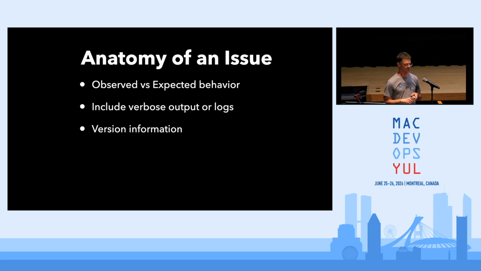Include version information. That's both the version of the tool you're using and the version of the OS it's running on. And similar to observed versus expected behavior, include steps to reproduce. So what exactly did you do to get this output that you thought was wrong? If the maintainer can't reproduce your problem, they probably can't test a fix for it.